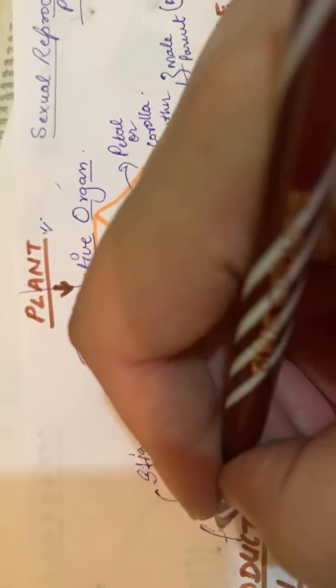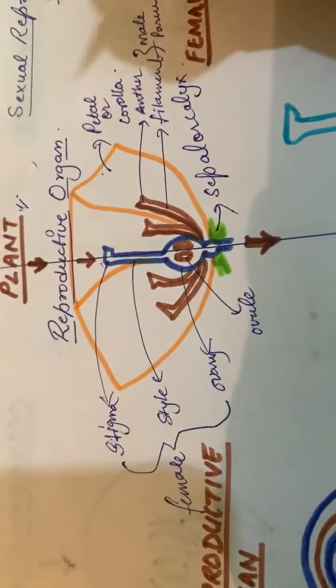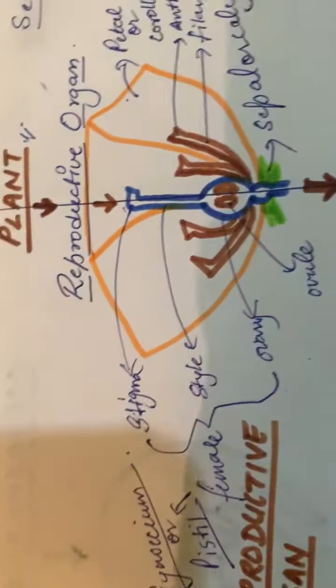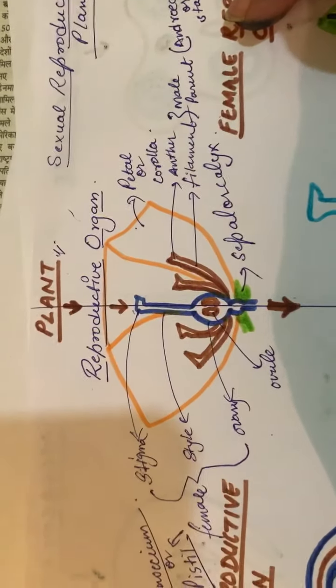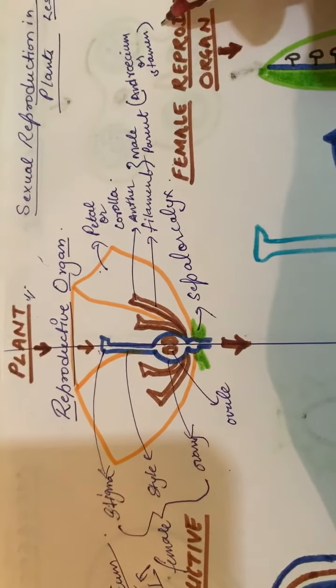Its name is gynoecium, or pistil. So gynoecium or pistil, androecium or stamen.